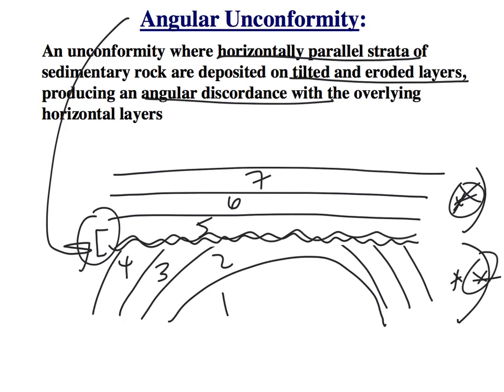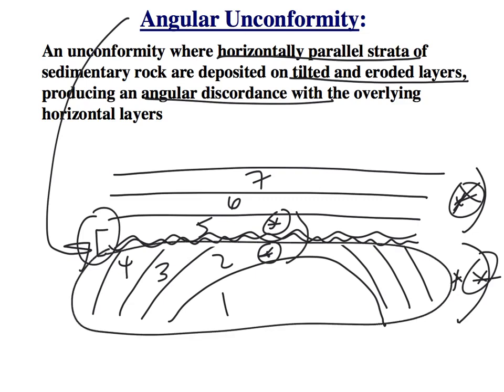This typically represents larger gaps in geologic time in the rock record, because going from here to here, we're going from layer 2 to layer 5, so we have a larger gap there, and that typically is associated with a tectonic event having happened between the deposition of this and the deposition of that. Again, if you need to pause this and write stuff down, go ahead and do that.